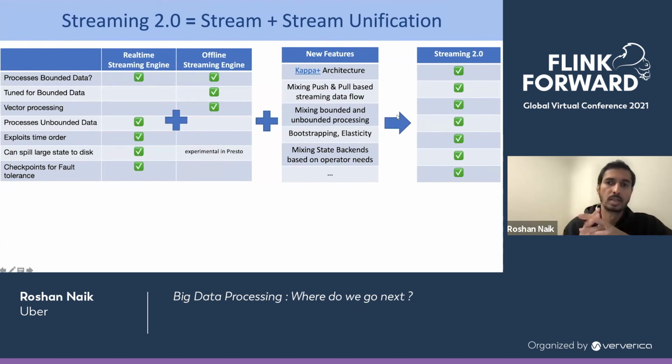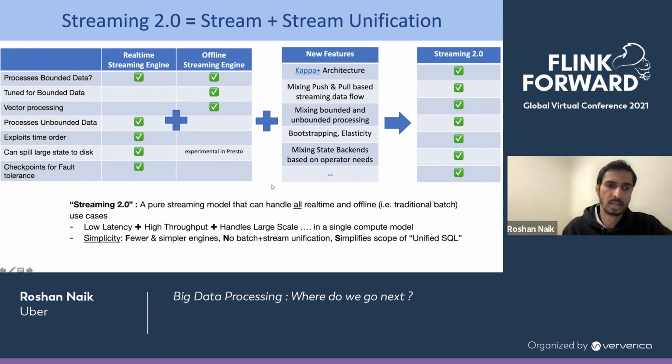So in summary, at a high level, you can think of Streaming 2.0 as a merging of two streaming worlds, with a few additional features. And it's essentially a pure streaming model that can handle all real-time and offline use cases. And it delivers low latency, high throughput, as well as the ability to handle large scale.